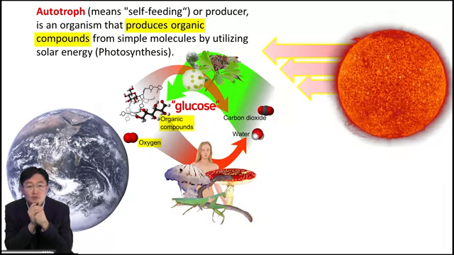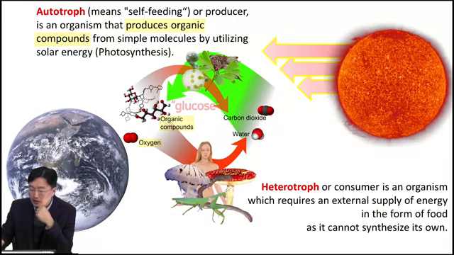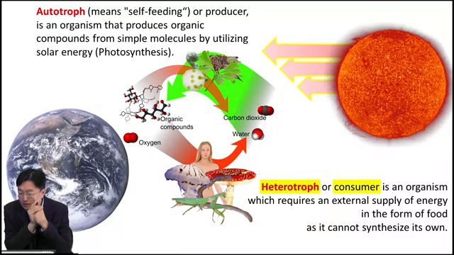And what about human beings and other organisms called heterotrophs, so-called consumers? Humans, fungi, many animals, and heterotrophic organisms cannot produce organic compounds on their own.